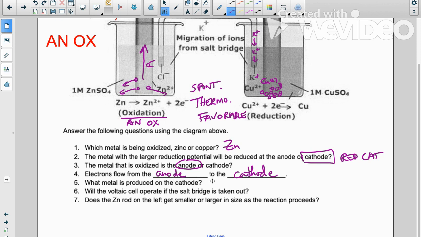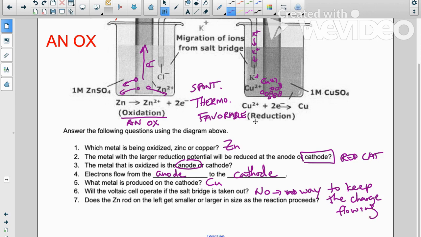What metal is produced at the cathode? That would be Cu. Will the voltaic cell operate if the salt bridge is taken out? No. Charge will just get built up. There's no way to neutralize, no way to keep the charge flowing.